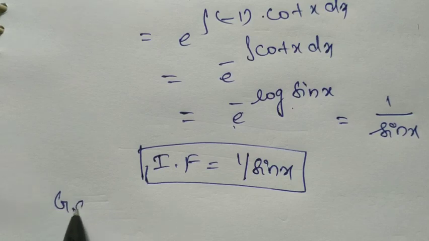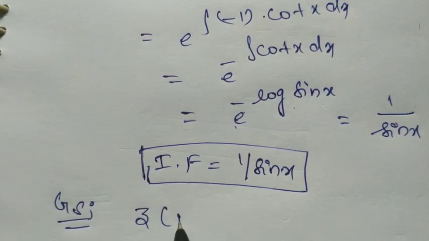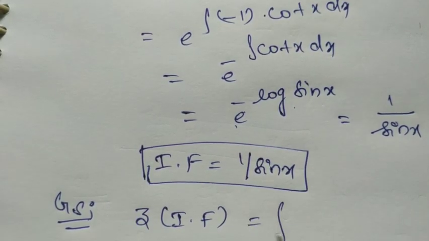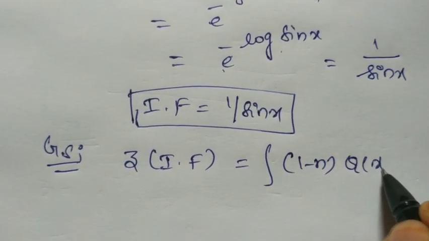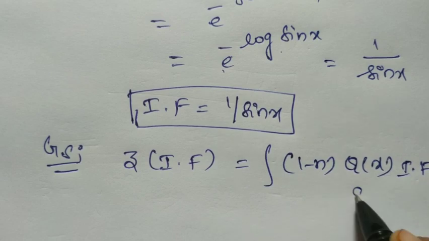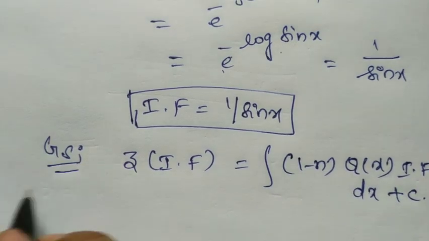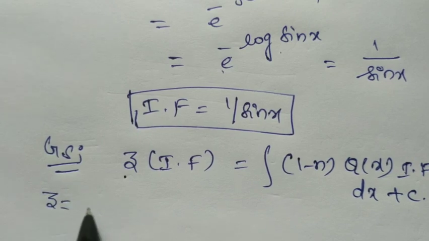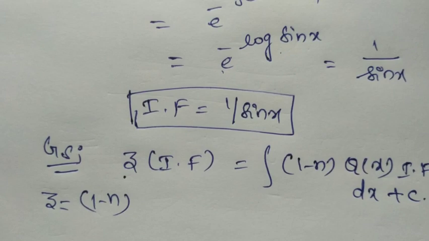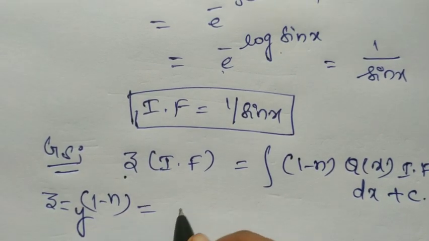So the general solution is z into integrating factor equal to integration of (1 minus n) into q of x into integrating factor dx plus c. And also here z equals y power 1 minus n, that is 1 by y.